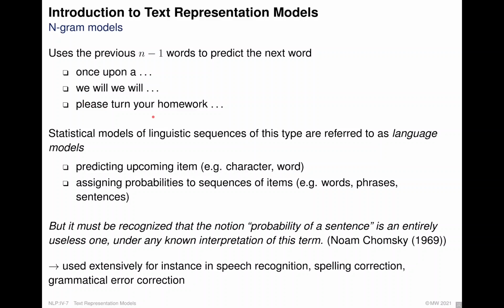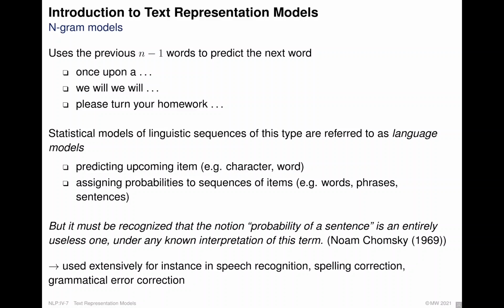So it's rather easy to predict this next token. Of course, it could be something else. Please turn your homework as soon as. Well, maybe not in this example. This is not a likely example of well-formed English. The most likely continuation is clearly in.